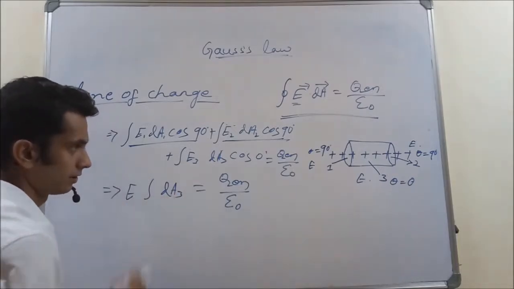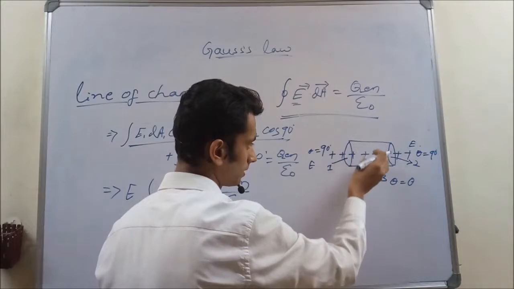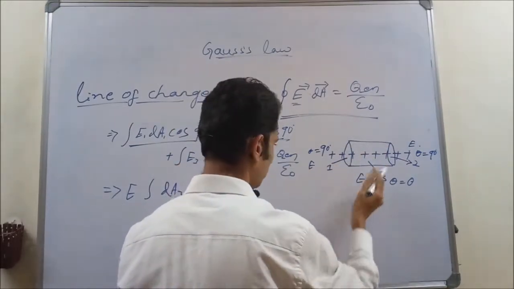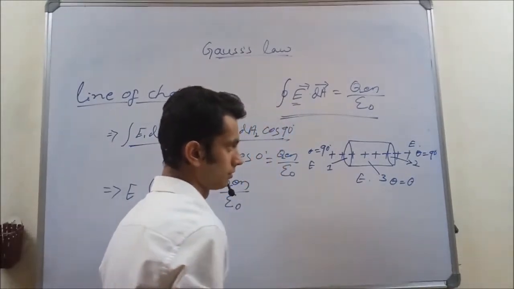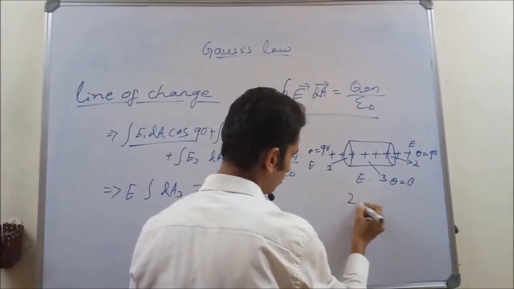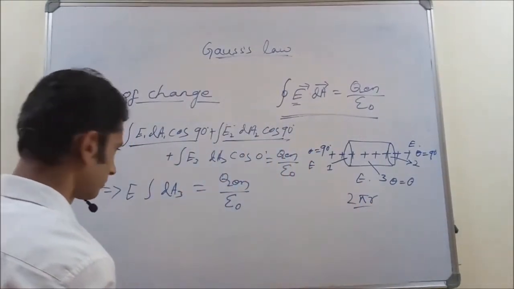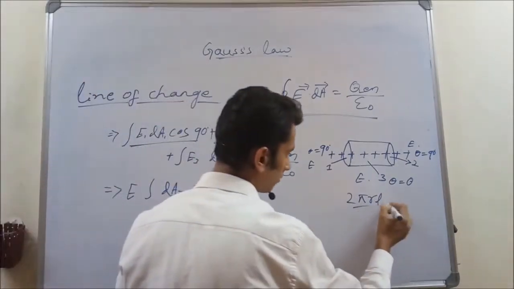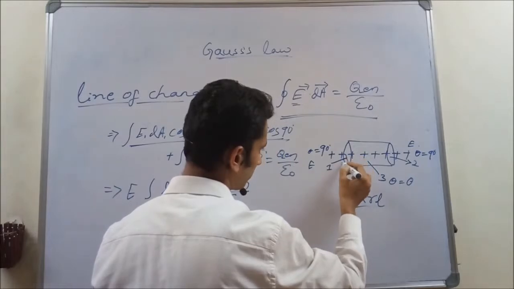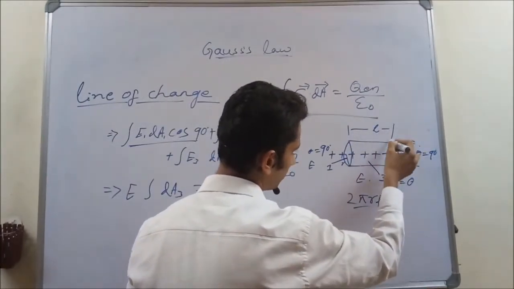So what will the integral of dA3 be? The total surface area of the curved surface of the cylinder. So what is the formula for the surface area of a curved surface? It is 2 pi r L, where r is the radius of the cylinder and L is the length or height of the cylinder.